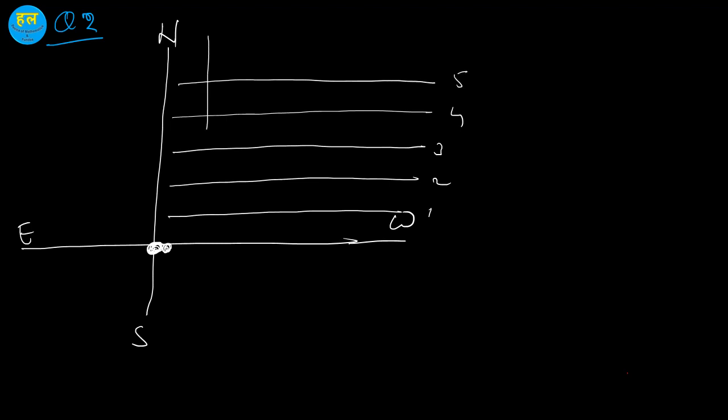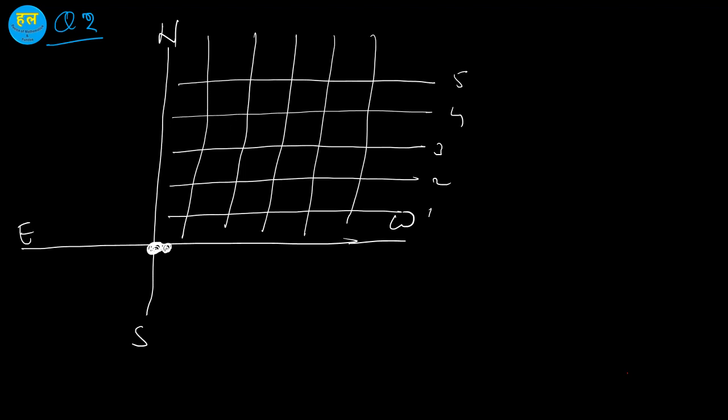Similarly from here, 1, 2, 3, 4 and 5. These are parallel. Pardon my drawing, which is slightly slanted, but assume this is parallel. So we have got our roads. Each road is 200 meters from the main road.